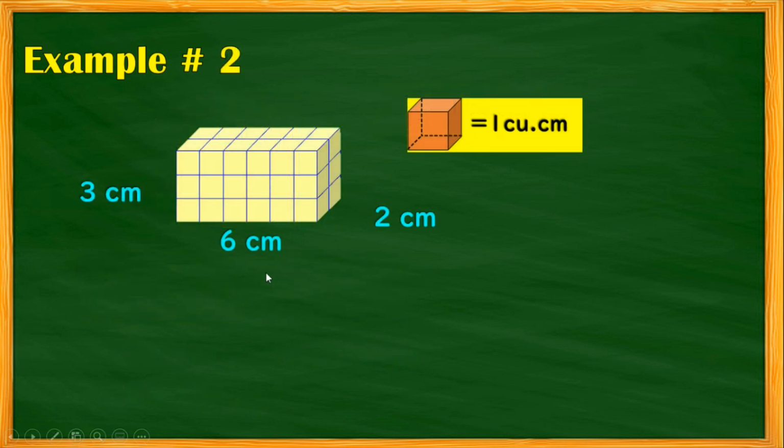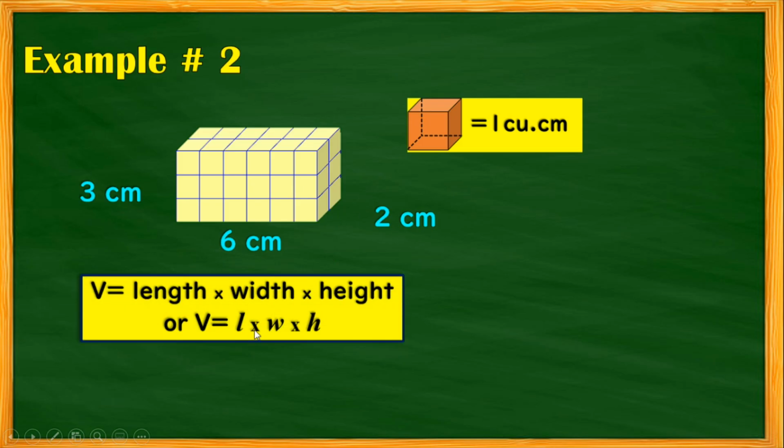Next, for number 2, this would be a rectangular prism. Again, 1 cube is equivalent to 1 cubic centimeter. So 3 centimeters for the height, 1, 2, 3. 6 centimeters for the length, 1, 2, 3, 4, 5, 6. And 2 centimeters for the width.